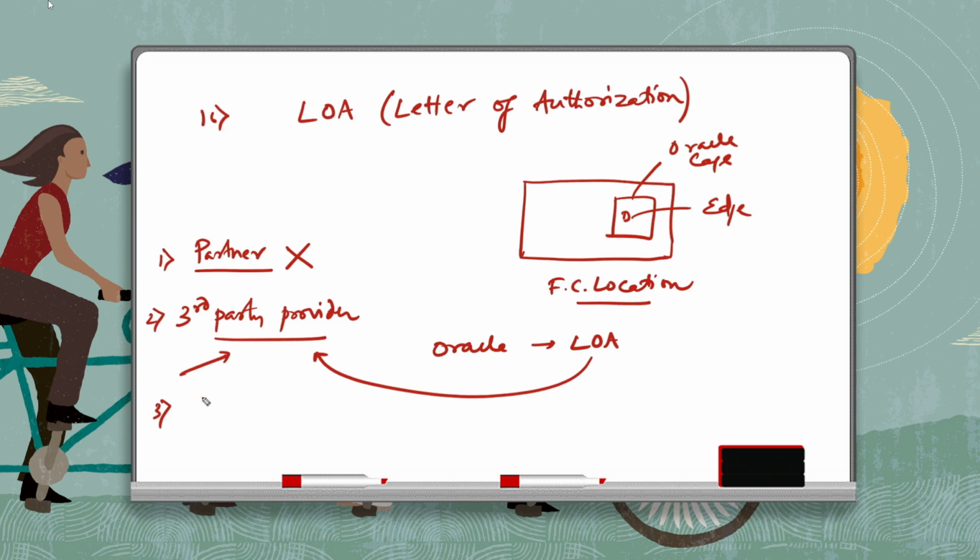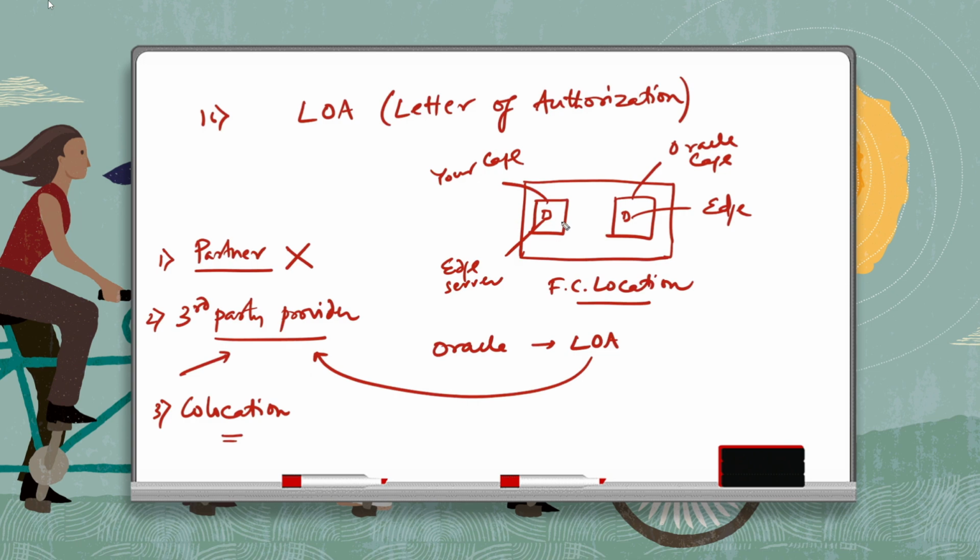So this is first, this is second, this is third. The third model is co-location. So in case of co-location, your edge servers are also deployed in a Fast Connect location. So this is basically your cage. Still, in case of co-location, the physical connection needs to be established, meaning the cross connect needs to be established.